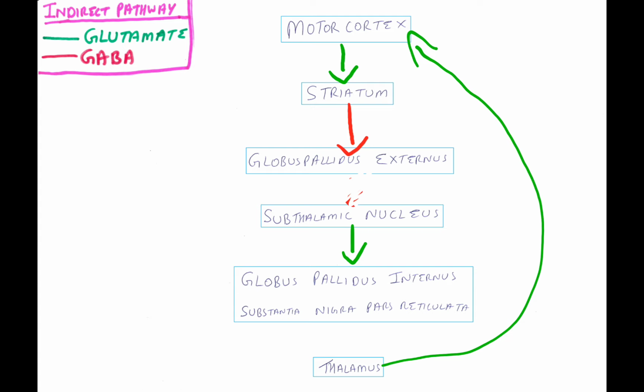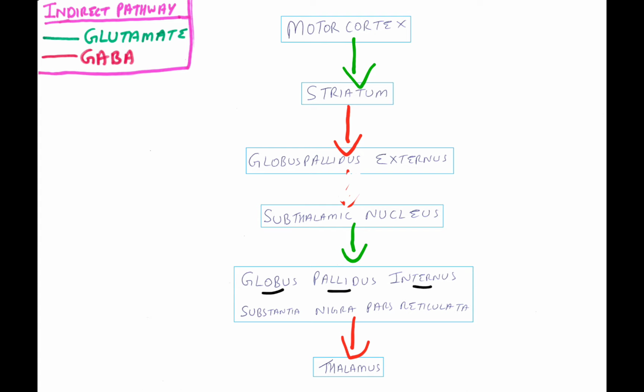And we already know that globus pallidus internus and substantia nigra pars reticulata inhibit thalamus. So when they inhibit thalamus, this stimulatory movement to the motor cortex is lost. Hence, the body comes to rest. So, when globus pallidus internus and substantia nigra pars reticulata inhibit thalamus, the body comes to rest because the thalamus can no longer stimulate motor cortex to perform exercise.